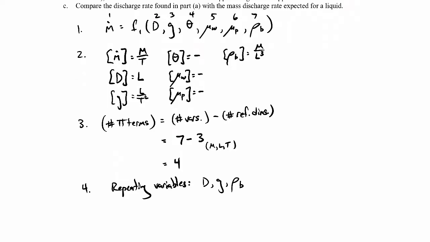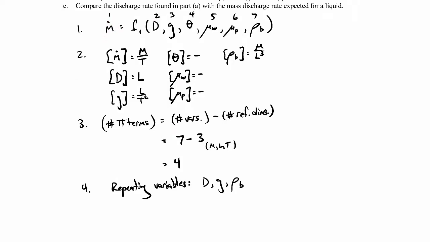So in this case, everybody should have the same repeating variables. And the reason I say that is because we don't want to choose m dot because it's the dependent variable. It's on the left-hand side of the equation. So we don't want to use that as a repeating variable. If you did use m dot, then it would get buried inside all of the terms on the right-hand side. And you don't want to do that for your dependent variable. It makes the equation very complicated.